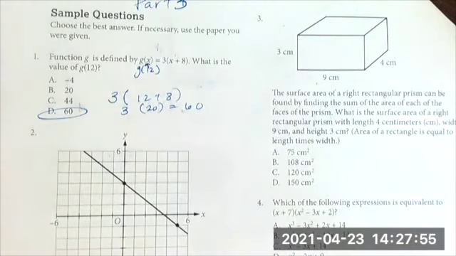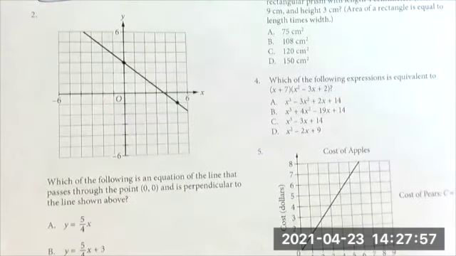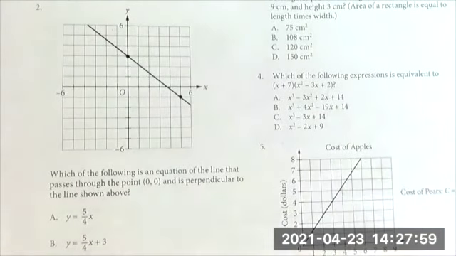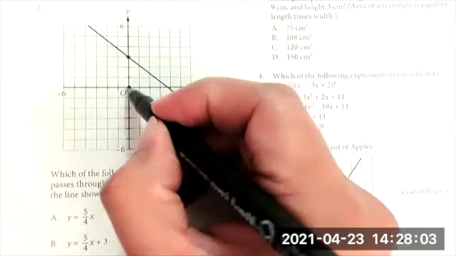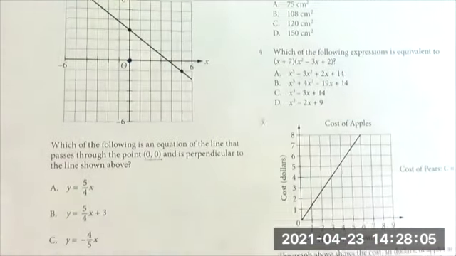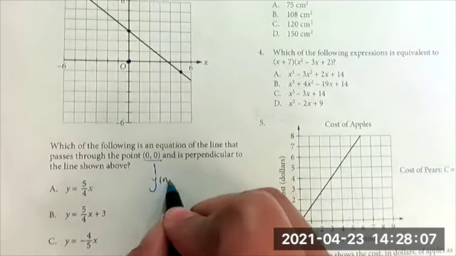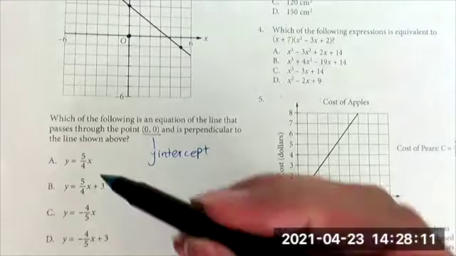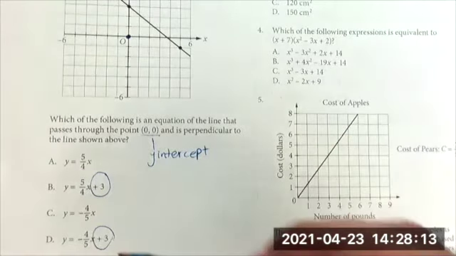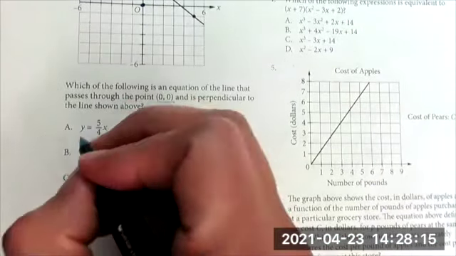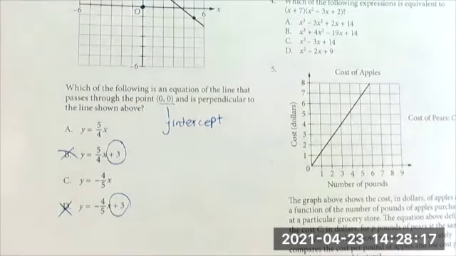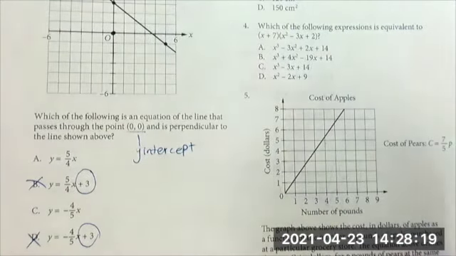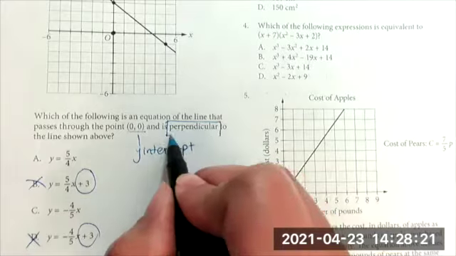All right, for number 2. Which of the following is an equation of the line that passes through 0, 0? That means that is your y-intercept, guys. So I'm going to eliminate those two. And it's perpendicular. That's our keyword right there.